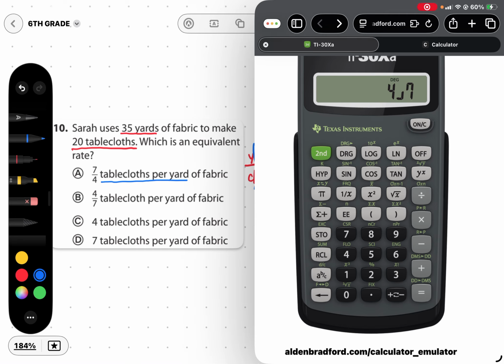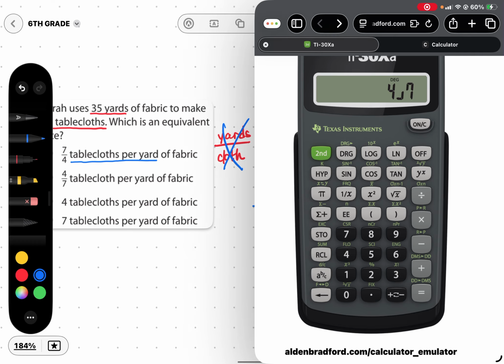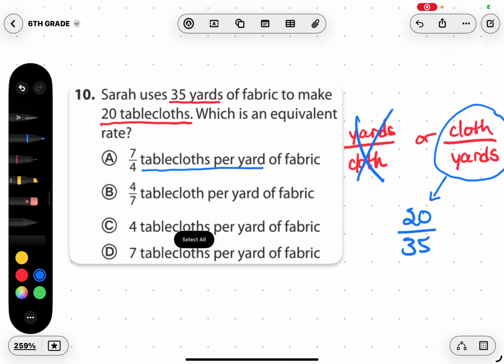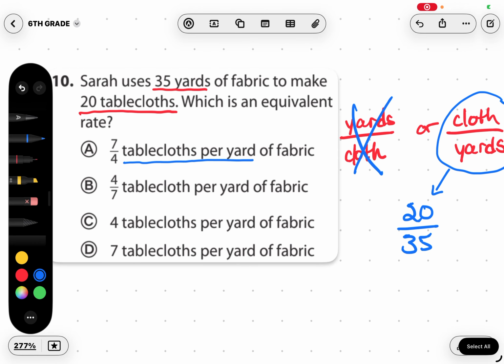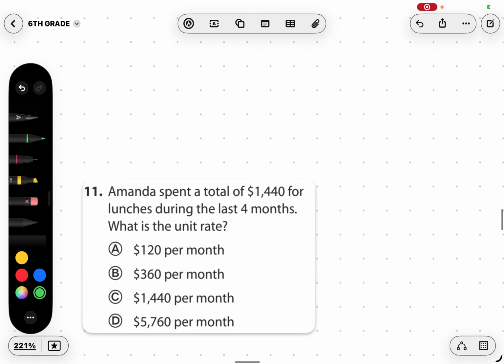So you hit equals, and it gives us 4 over 7. So we know that this fraction is also equal to 4 over 7. So now we just need to pick our correct answer, which would be answer choice B. 4/7 of a tablecloth per yard of fabric. There we go. All right, one more question.